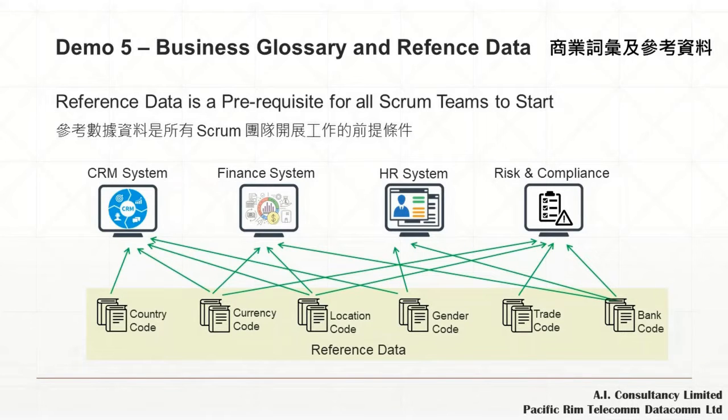Reference data are critical to support all kinds of applications. For an Agile project, you require reference data to be available as API at the very beginning to enable development cycles to start. Also, as you can see from the diagram, the same reference data may be shared by multiple applications.